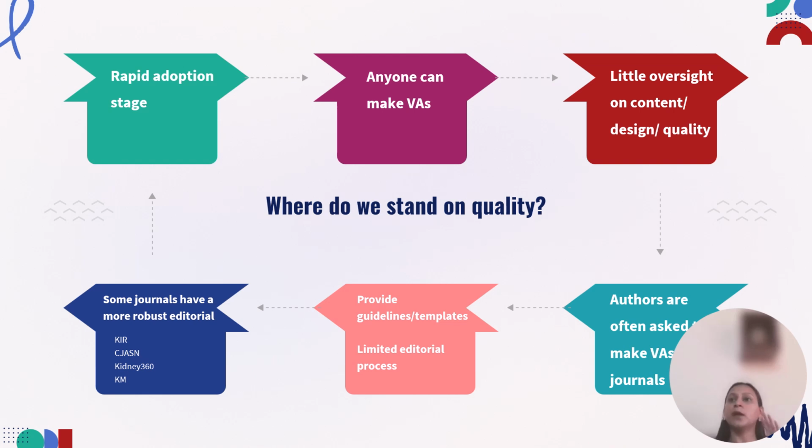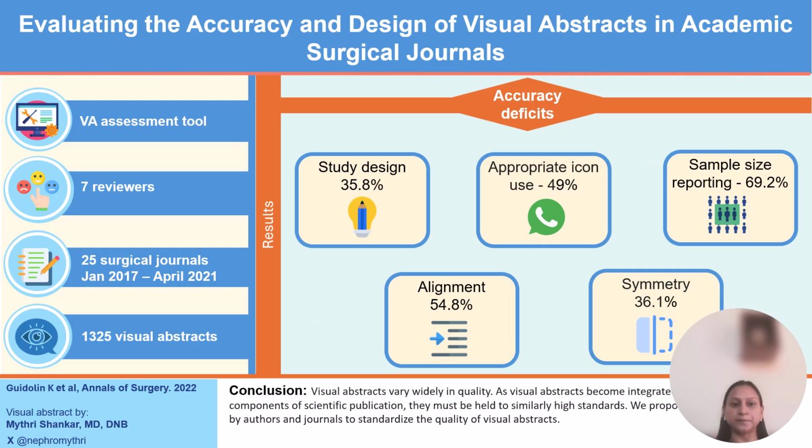They have an isolated editorial board dedicated only to visual abstracts. Members of that board create visual abstracts, and that is peer reviewed. The accuracy of content and design is checked and then published. So it is a must that most of the journals adopt this process. They should have some kind of standardization for the quality of visual abstracts that are published or that go online on social media.